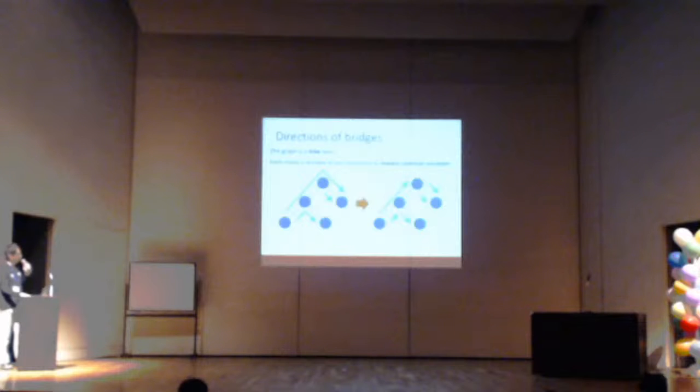So the remaining part is our bridges. Now the graph is a tree, and each move is divided into two moves by the lowest common ancestor. So we can now consider only upward moves and downward moves.